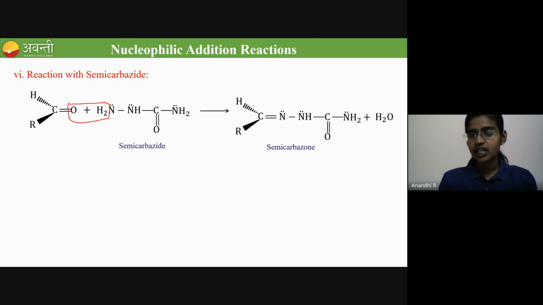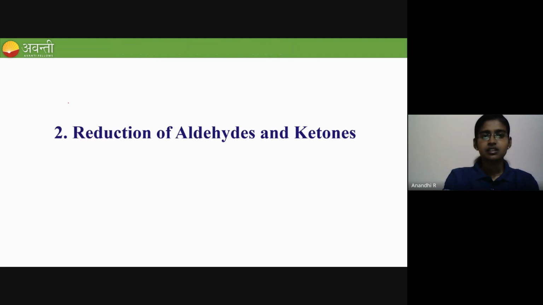If you don't have any doubt, just type it's clear, so that I'll move on to the second chemical property of aldehydes and ketones. We got it clear? Clear? Good. So we'll go for the second reaction, that is the reduction of aldehydes and ketones.